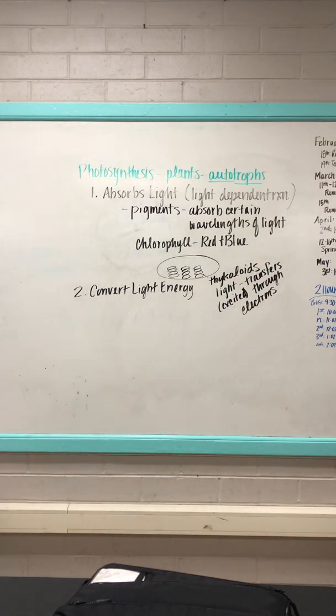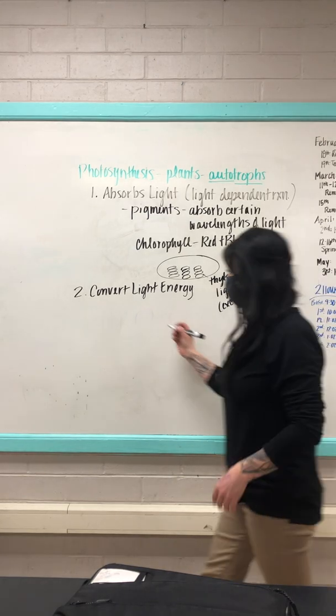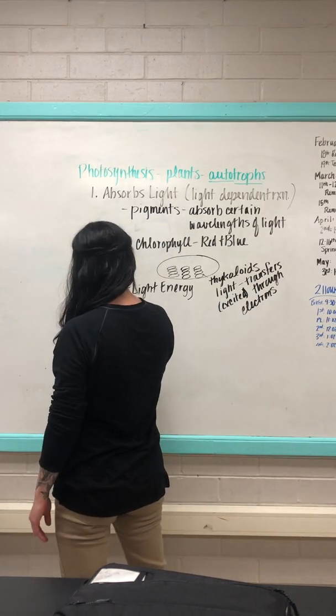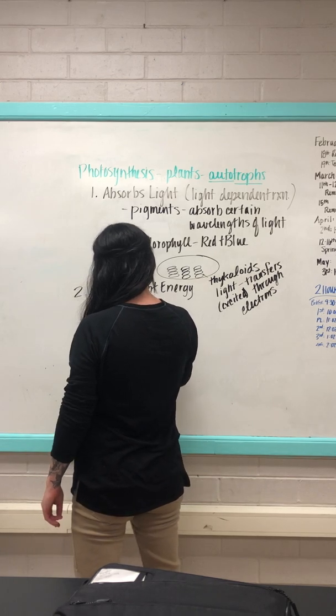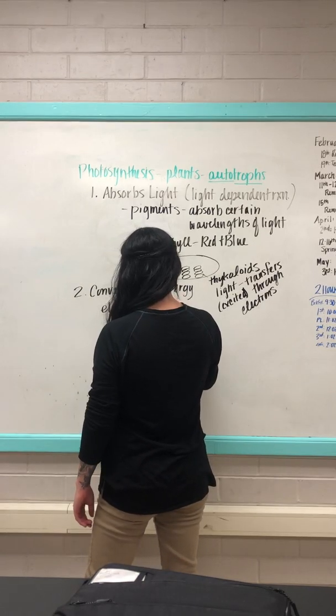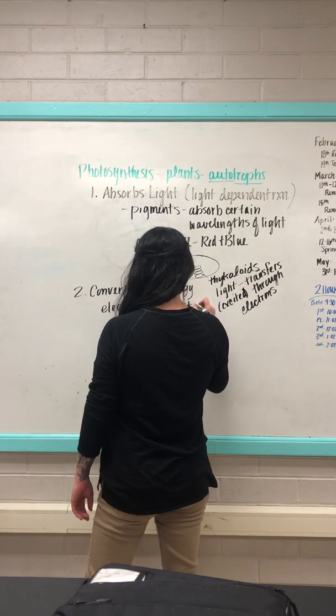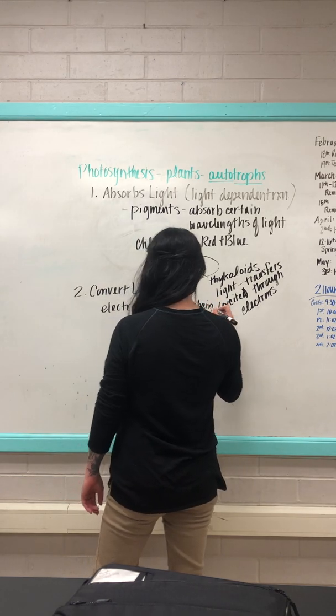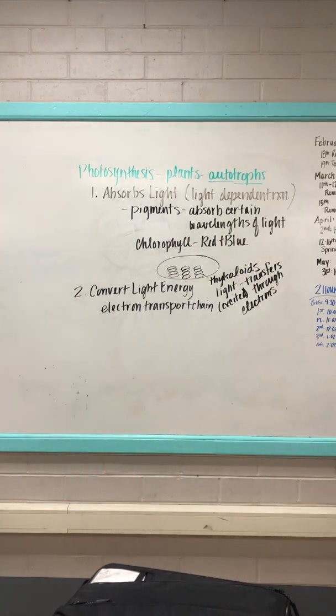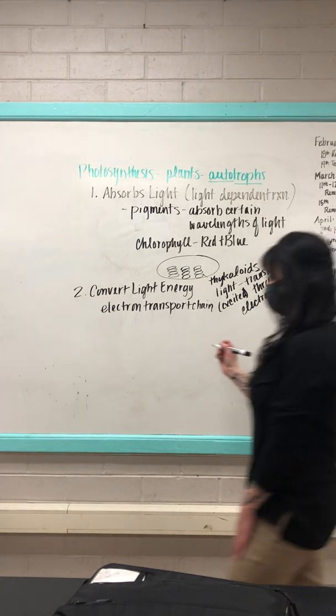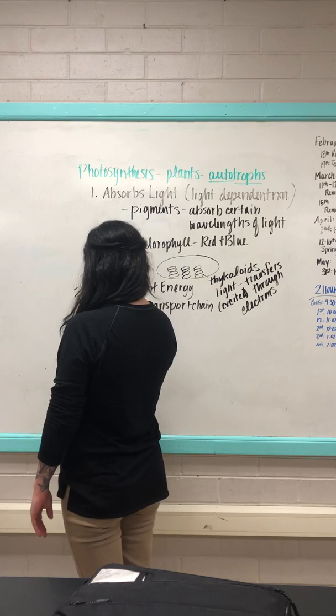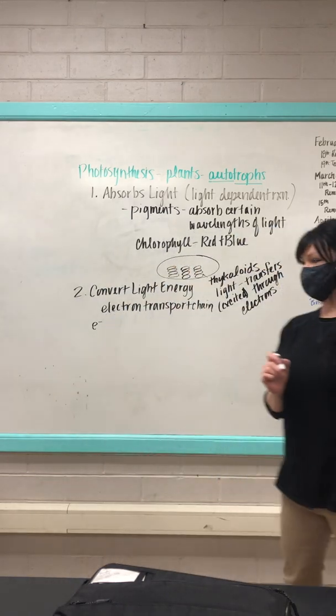Alright, so yesterday they talked in the video about an electron transport chain. So these excited electrons are going to travel along that electron transport chain. E negative is just electron, so I'm not going to write that word out anymore.